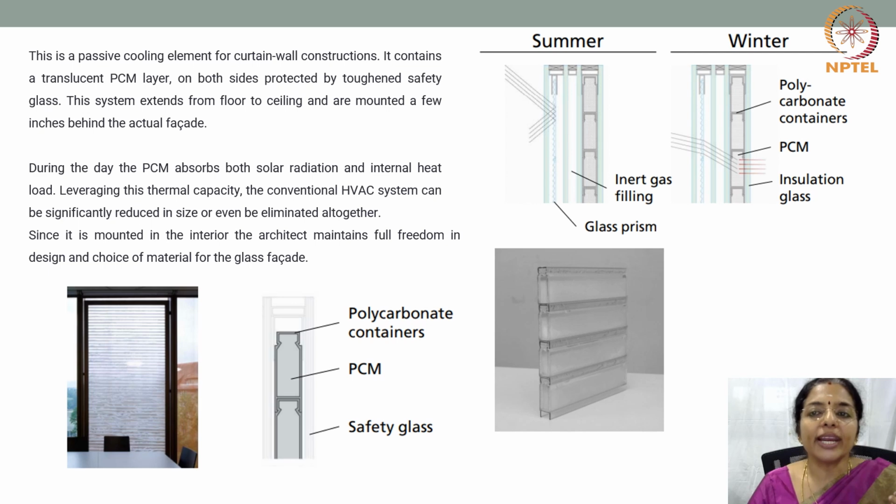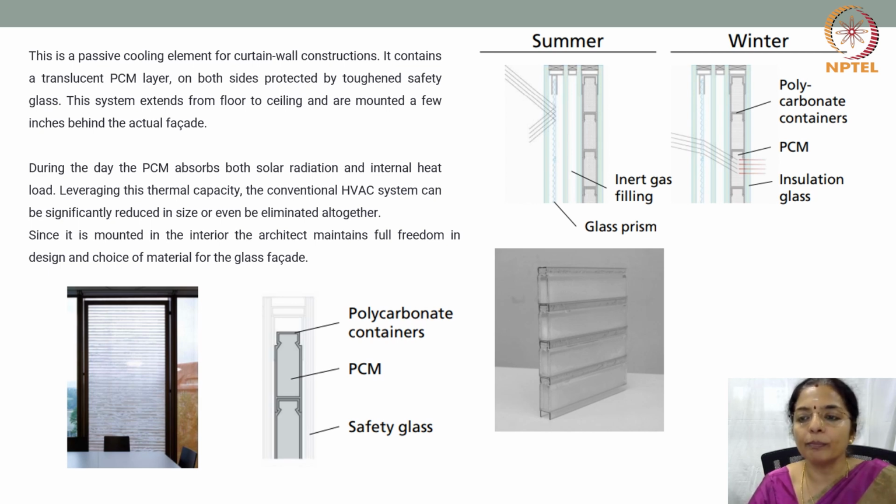It contains a translucent PCM layer on both sides which is protected by toughened safety glass. This system extends from floor to ceiling and is mounted a few inches behind the actual facade. During the day, the PCM absorbs both solar radiation and internal heat load.